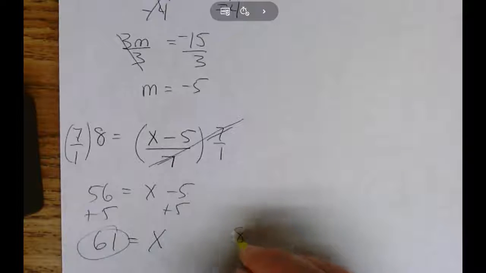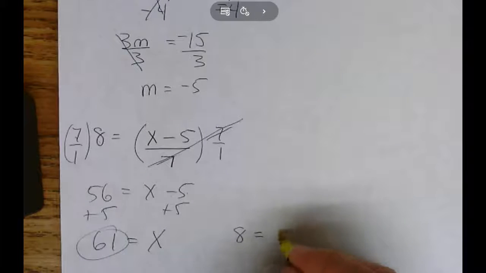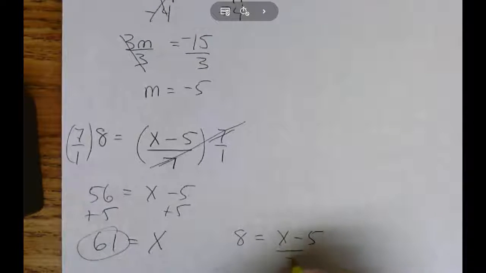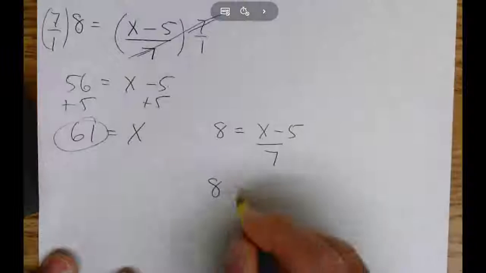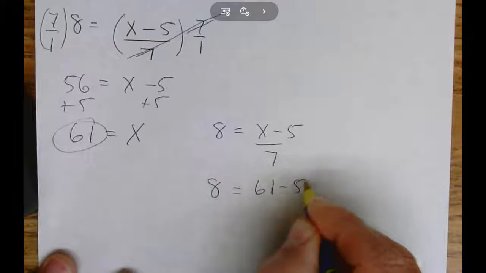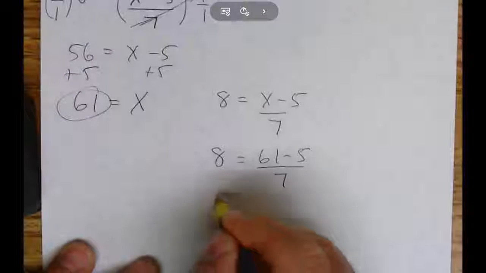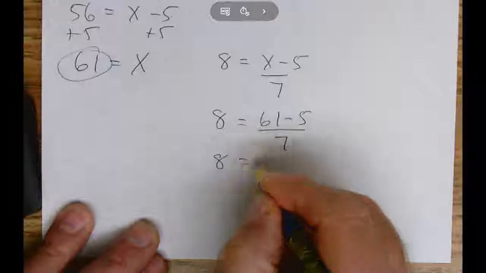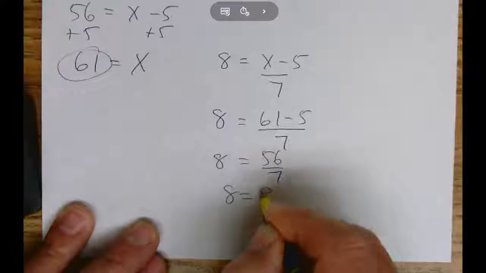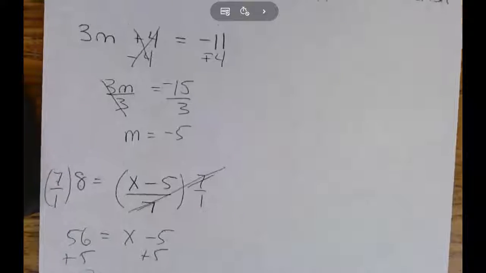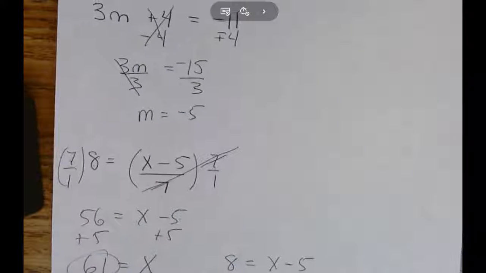So if we start with our original 8 equals x minus 5 divided by 7, we can plug our answer in. 8 equals 61 minus 5 divided by 7. Then 8 equals 61 minus 5 is 56, divided by 7. And then 8 equals 8. So we know it's right. Okay? So you can always plug these in, right? And see if they come out to the same answer.